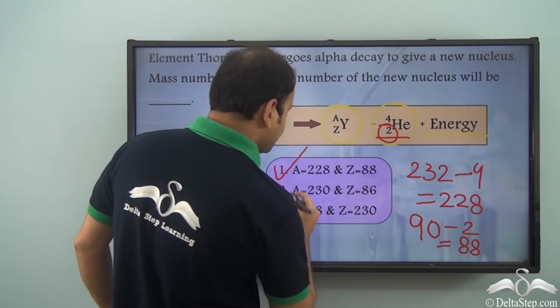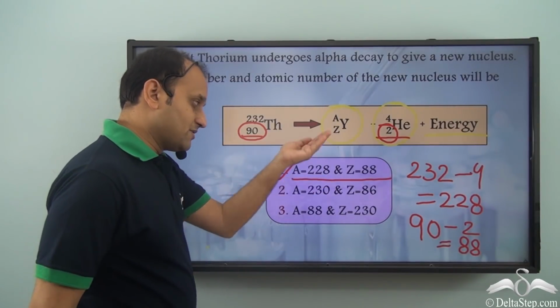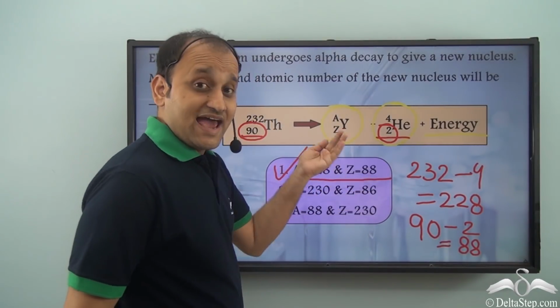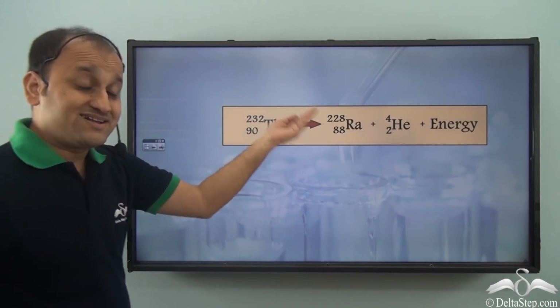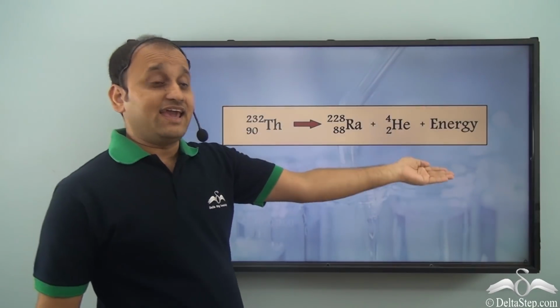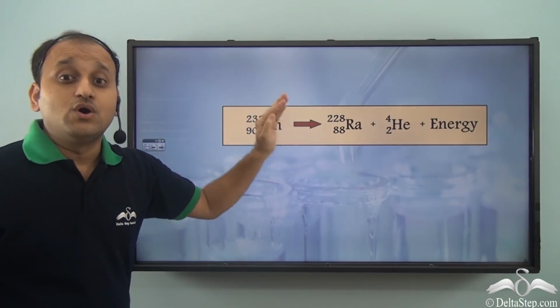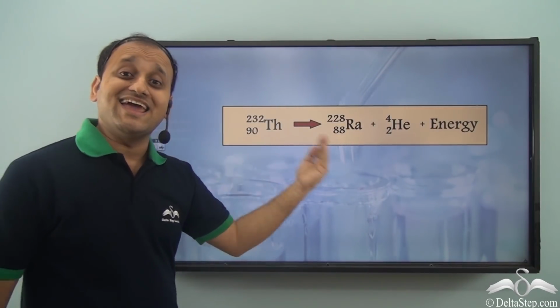So our answer is this. Mass number 228 and atomic number 88, which is nothing but radium. So when thorium undergoes alpha decay, it gives radium whose mass number is 228 and atomic number is 88.